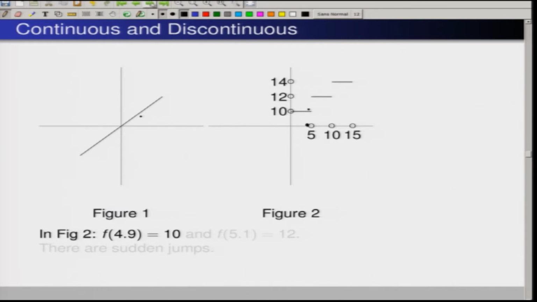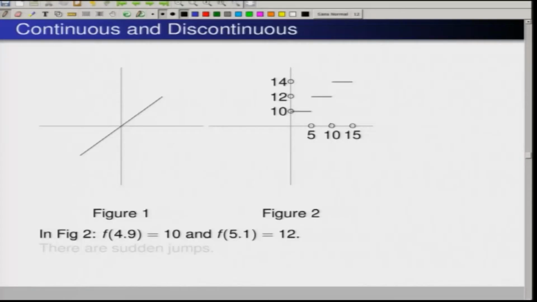However, f of 5.1 is going to be 12, and f of 5.01 is also going to be 12. So, anything f of 5 plus delta, with delta positive, is going to give you 12. So, there is a certain jump. Let us catch this phenomenon.